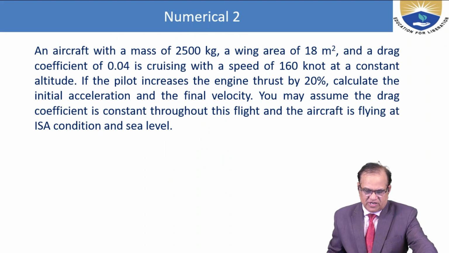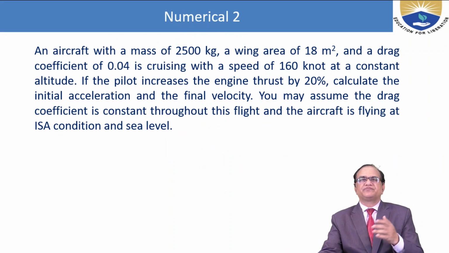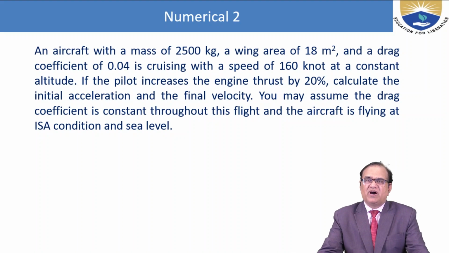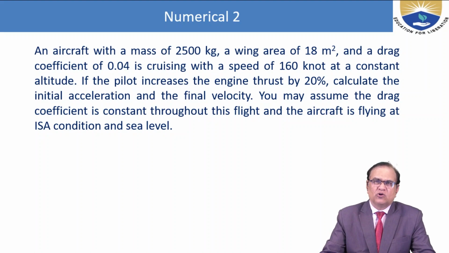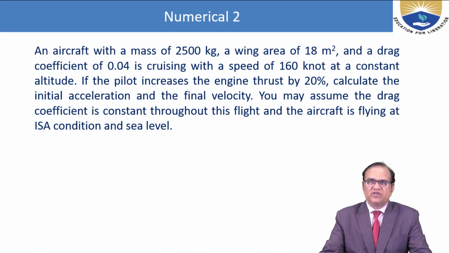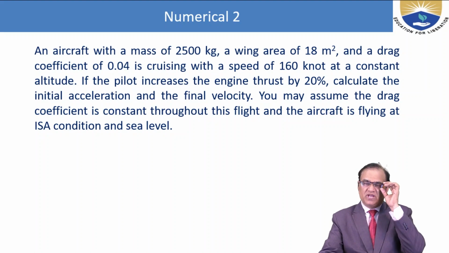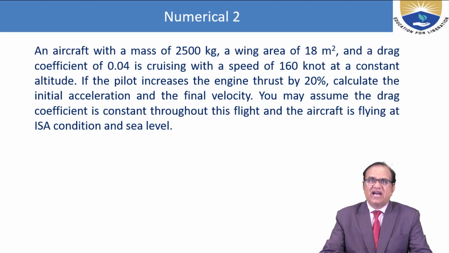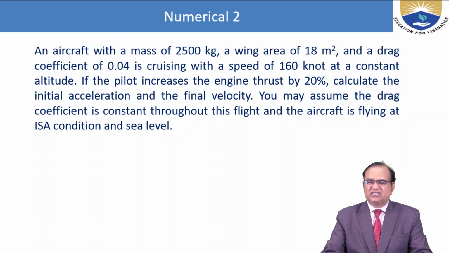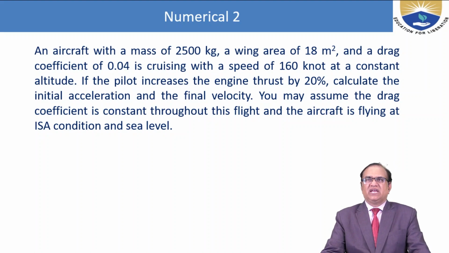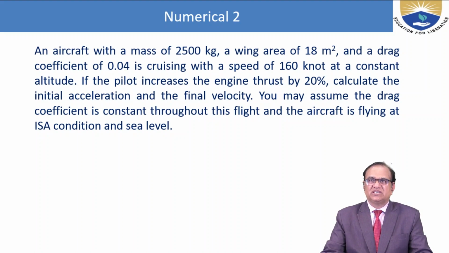Now I will discuss problem number 2. An aircraft with a mass of 2500 kg, a wing area of 18 square meter, and a drag coefficient of 0.04 is cruising with a speed of 160 knots at a constant altitude. If the pilot increases the engine thrust by 20%, calculate the initial acceleration and the final velocity.